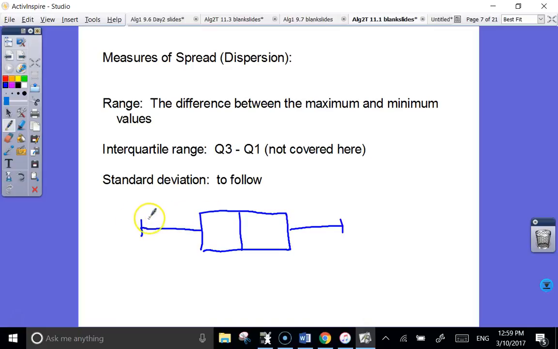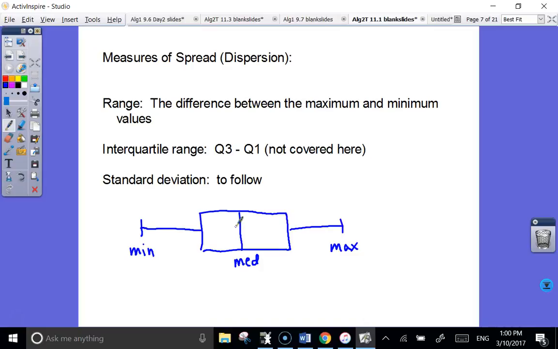The box, these are the whiskers on the side. So the median is the line in the middle of the box. The minimum is the left whisker, the maximum is the right whisker. The median is the middle number, right? So that means 50% of the data should be to the left of the median, and 50% of the data should be to the right of the median.